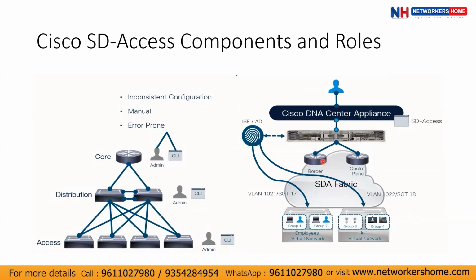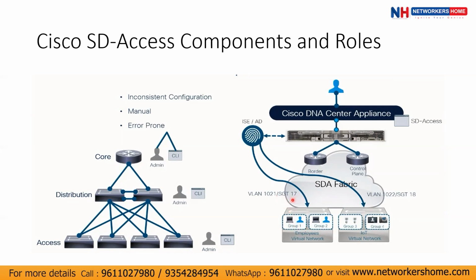Based on the authentication, I'll walk you through the traffic flow later: when a device gets connected, how the packet goes to ISE, what type of packet goes, and how ISE is going to assign the VLAN or SGT. But on a high level, for now, you can understand that whenever any endpoint gets connected on the Fabric edge node or Fabric device, after successful authentication, that particular endpoint or user gets assigned a specific SGT, right?